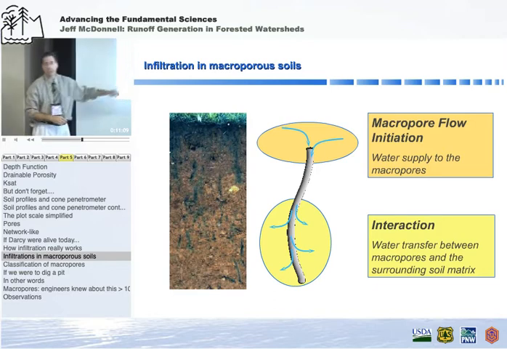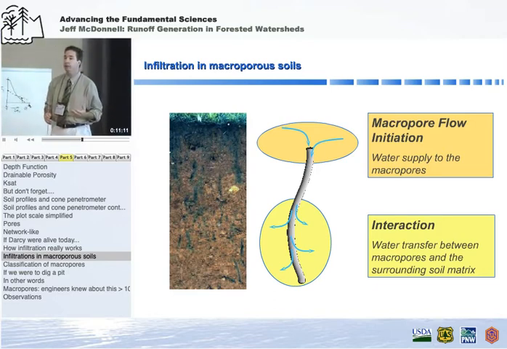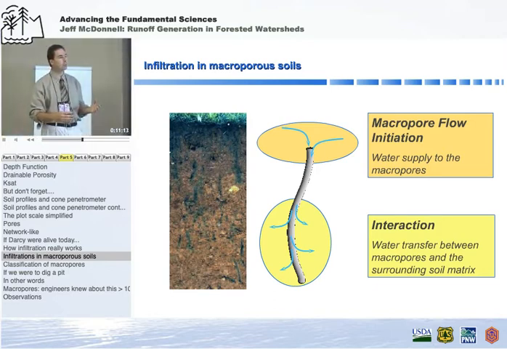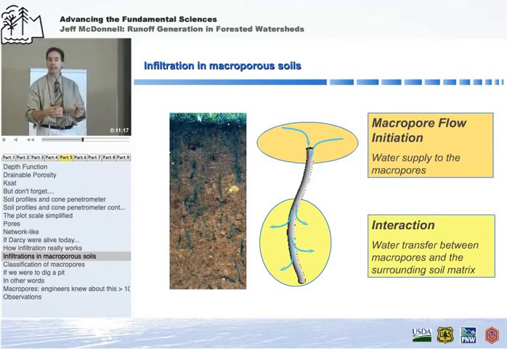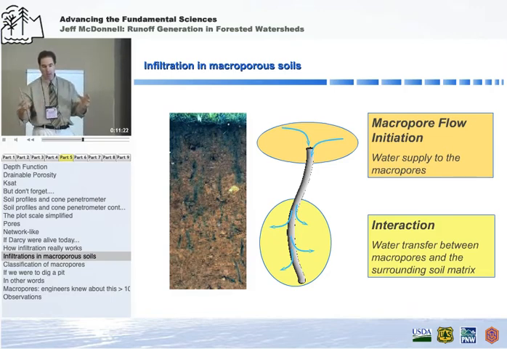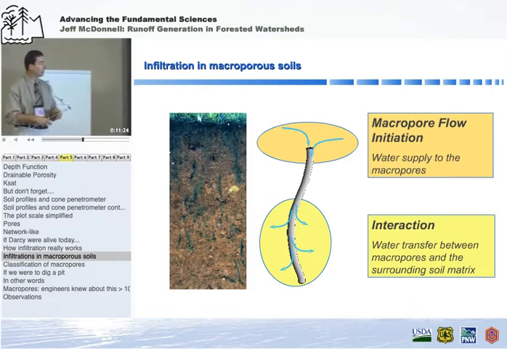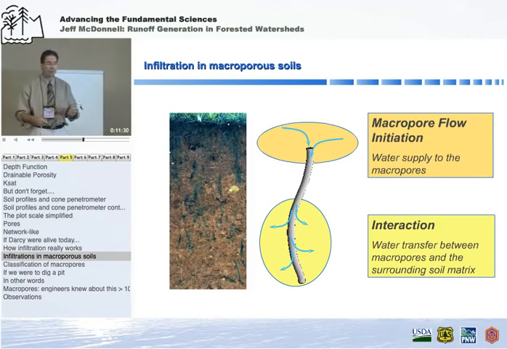Then the other thing is the interaction between preferential flow and the matrix. There are many conditions where you might have preferred flow in a really tight, clayey sort of soil matrix. Maybe you're in the near stream saturated area or in an area characteristic of a variable source area with some kind of clayey soil.